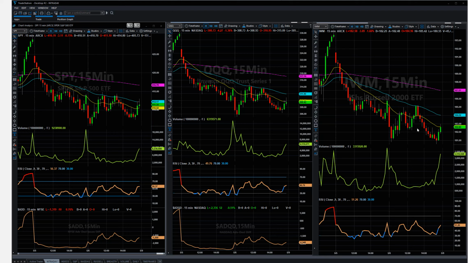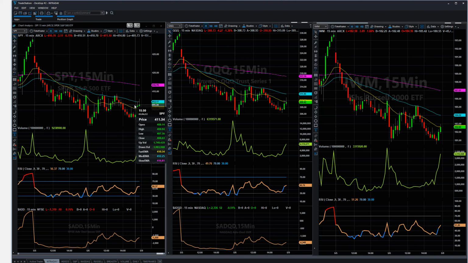Potentially not with the Russell, and this gives me more of an indication that I'm going to be watching this 306 area in the Qs, and this low is at the 407 area in the Spiders, because if that's broken, then that's going to be a pretty good signal that the higher probability will be for this low to get taken out, and then we just don't know where the next stopping point would be. Now, if you do take that strategy, then if we do break this low, you'll probably see a pause right at this low. But if we go trade back through that low, you don't want to be in that trade, because that's going to suggest then that we're going to see higher prices.